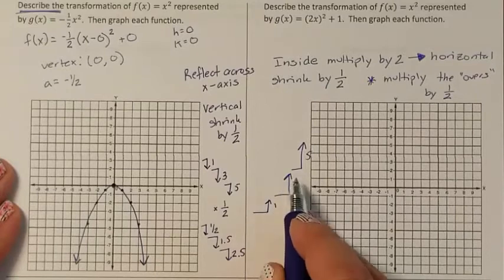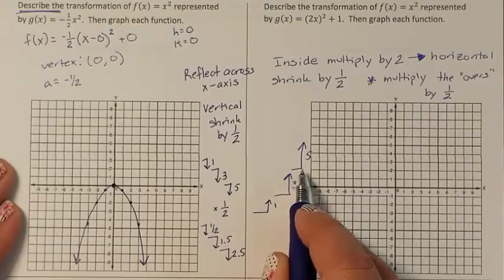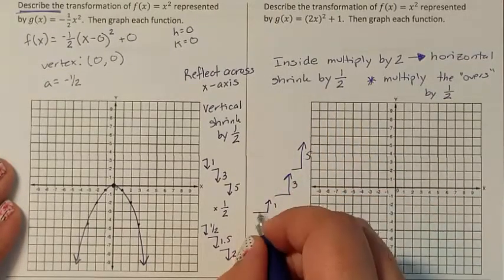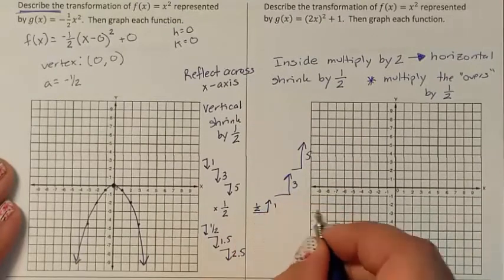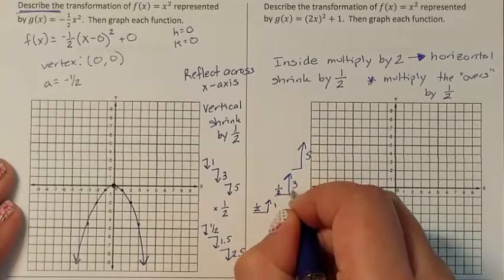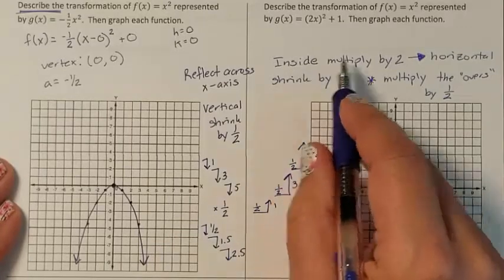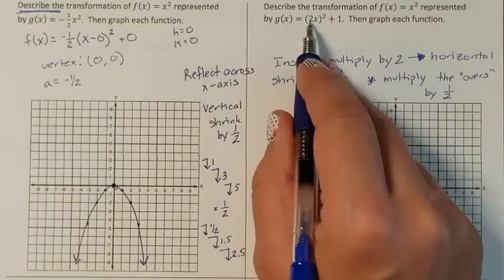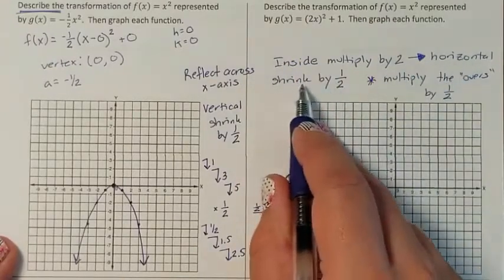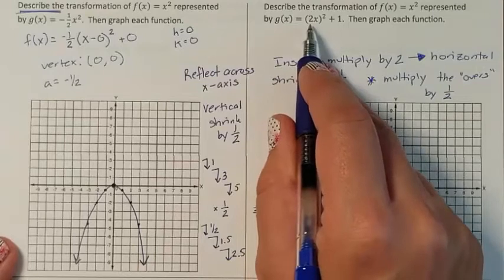They're normally always 1s. They're not 1s now. It told us to make it a half. So I need to go over a half up 1, over a half up 3, over a half up 5. So this was me noticing that this multiplied by 2 on the inside was a horizontal by a half because we had to reciprocal it.